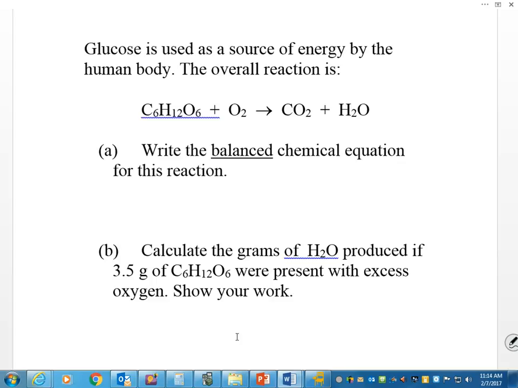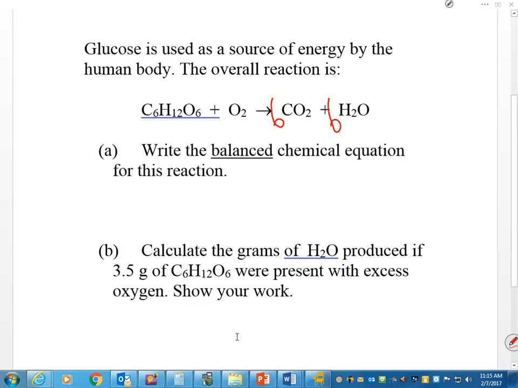So this first example says glucose is used as a source of energy by the human body. The overall reaction is, part A, write a balanced equation. So the first thing I look at, carbon, 6 on this side, so I need 6 on this other side. Hydrogen 12, I need 12 on this side, so I put 6 here.